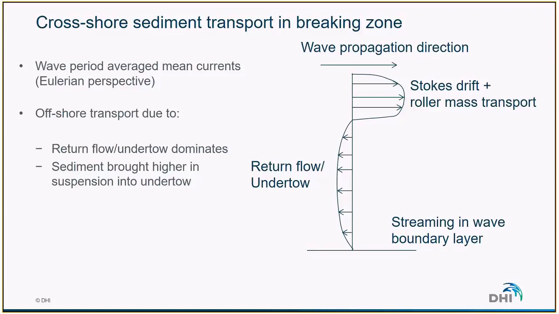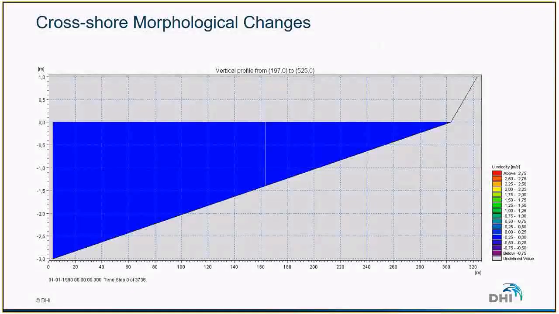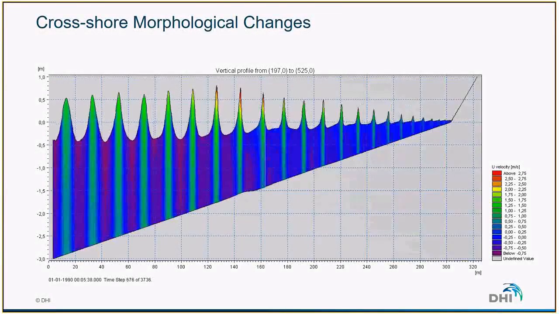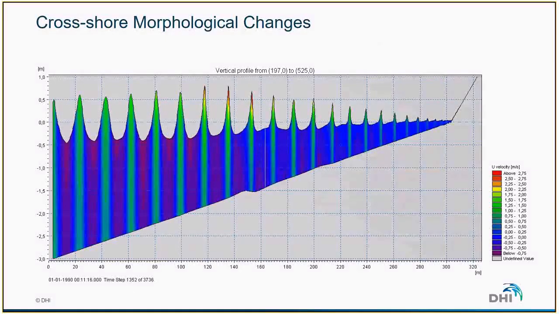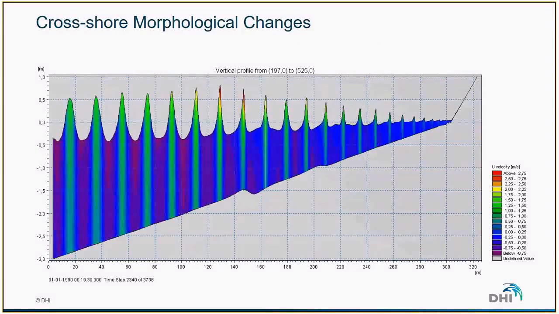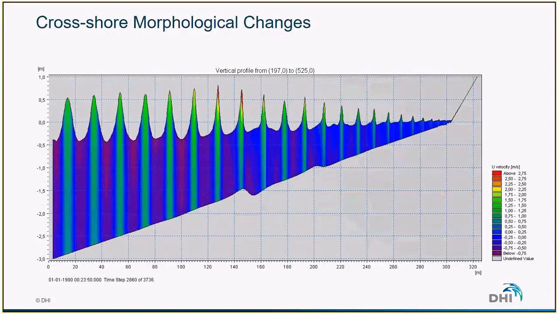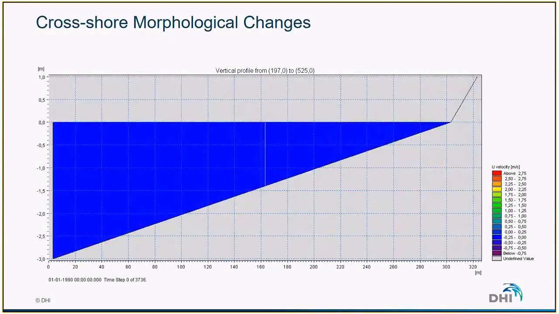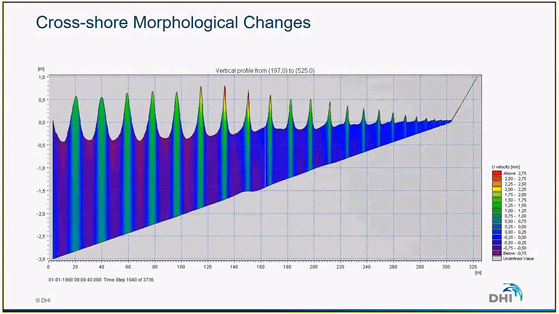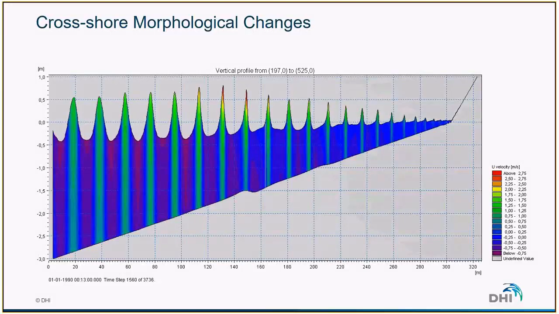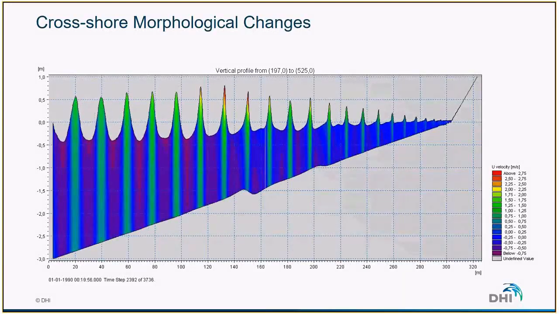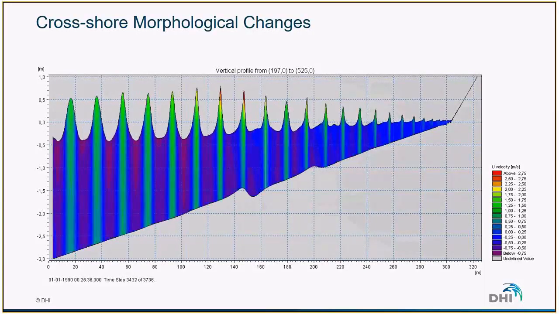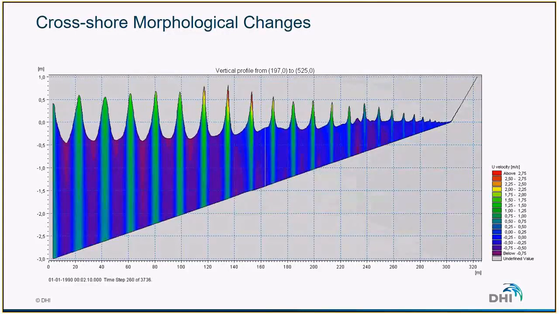So in the end, the undertow will be responsible for the formation of longshore breaker bars. And this is what we can see on this animation. So this is an animation of a cross-shore profile where we have waves first subject to shoaling and then breaking.